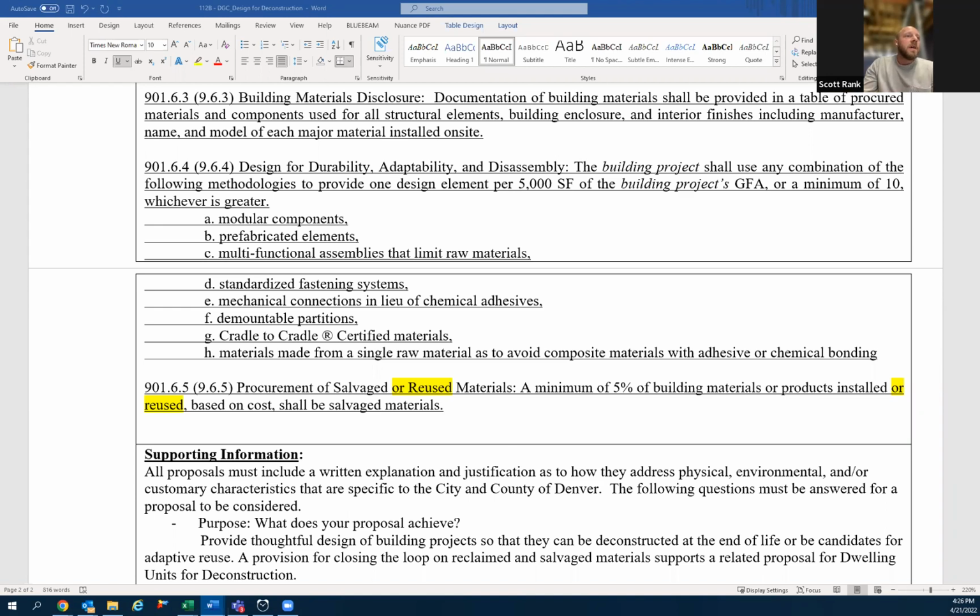It seems like the other 2, I guess I'd make a motion to take away 2 out of the 4, which is the salvage materials and the design for durability, until we can further define those or show further evidence that those in fact help the deconstruction. And so I'm okay with the first 2 because I think those are great. So I guess my motion is to remove those 2.